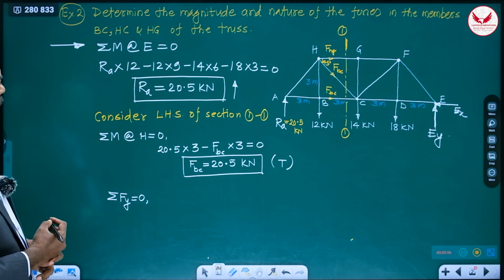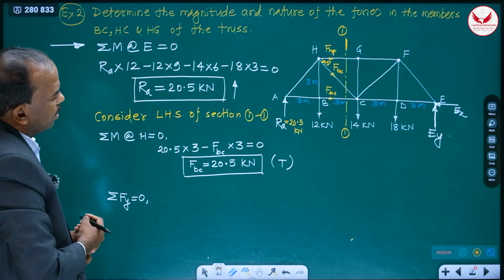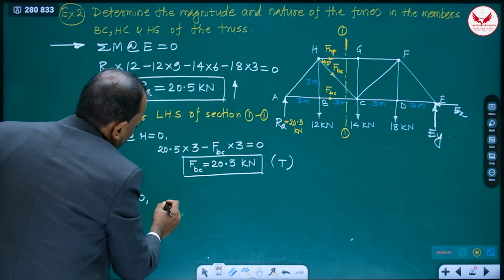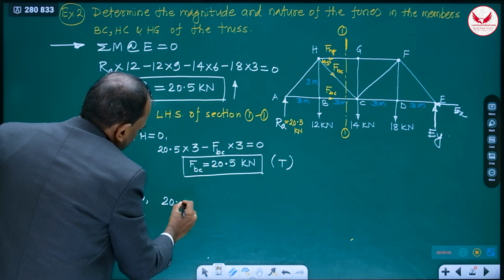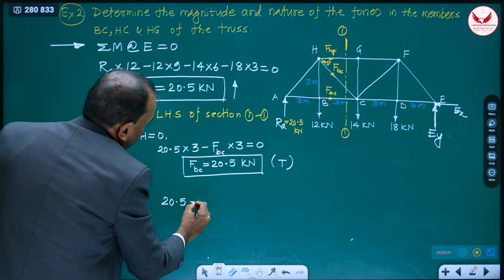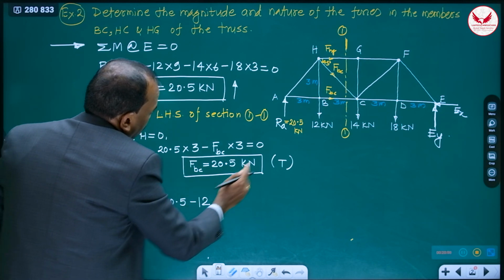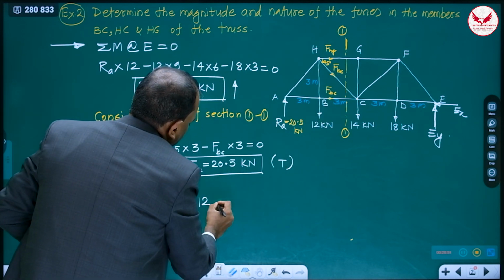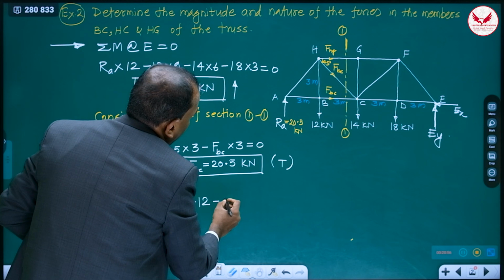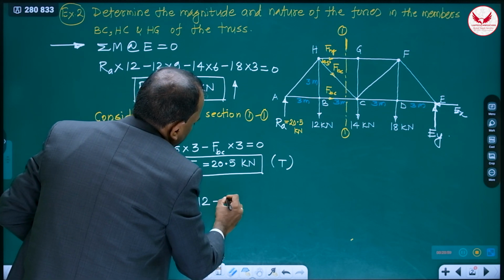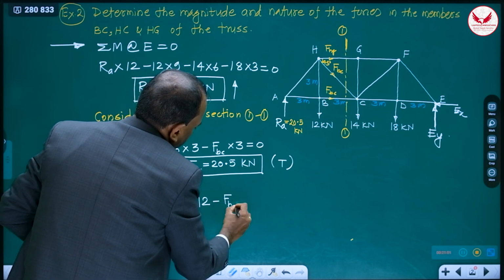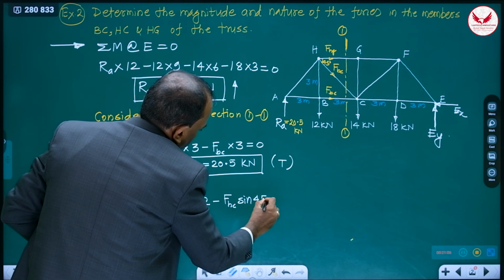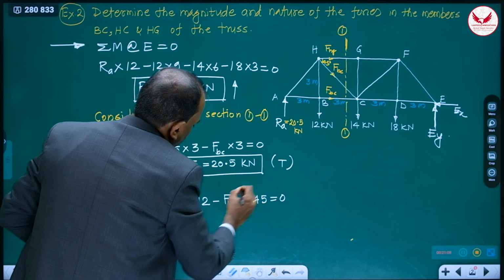RA is upward, so only the left hand side we have to consider. 20.5 upward positive minus 12, only LHS of 1-1, and these 2 are horizontal, minus FHC sin 45, equal to 0.